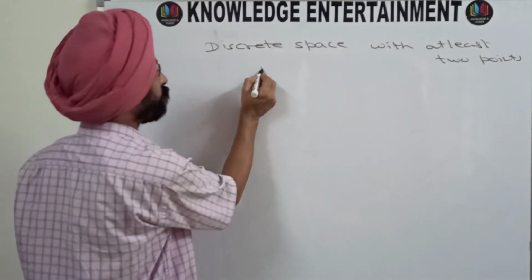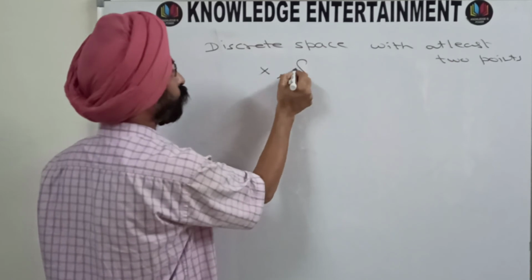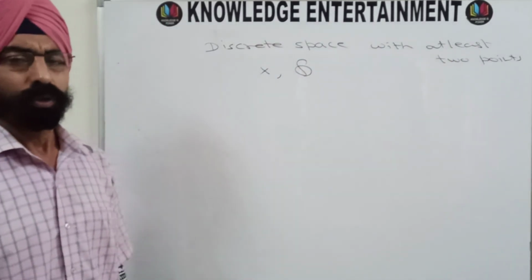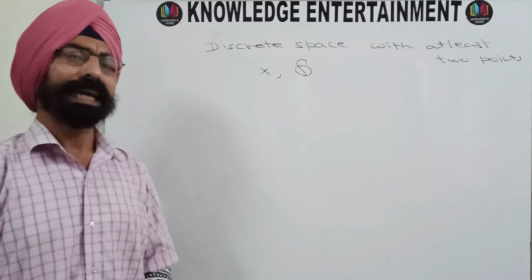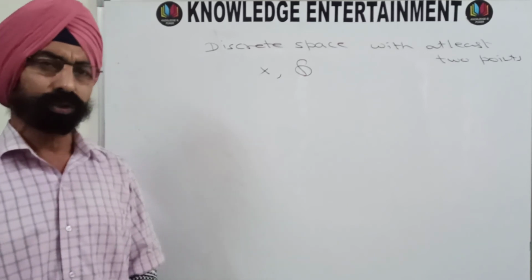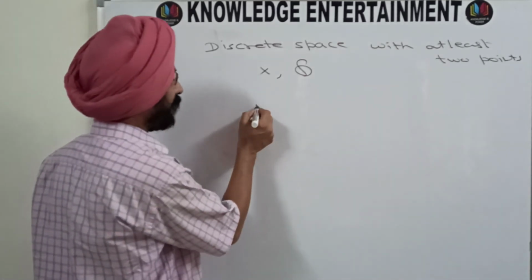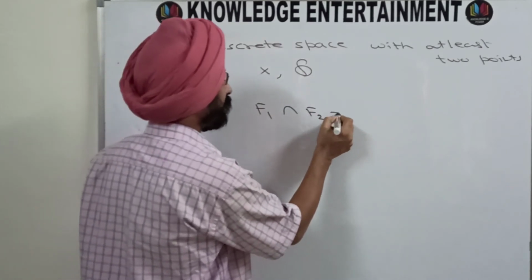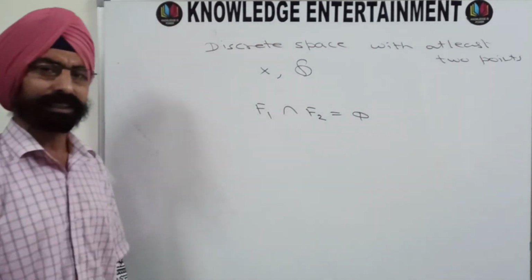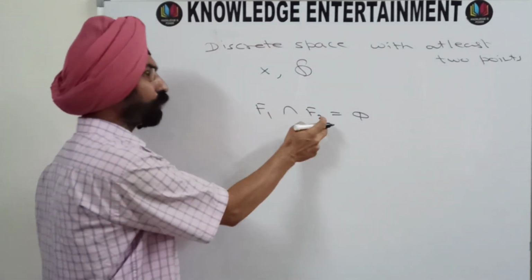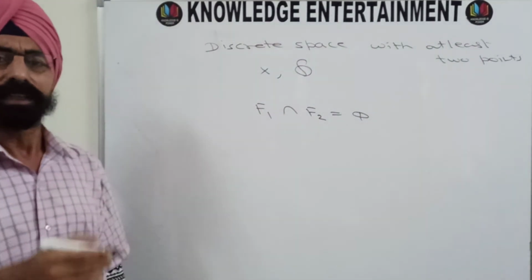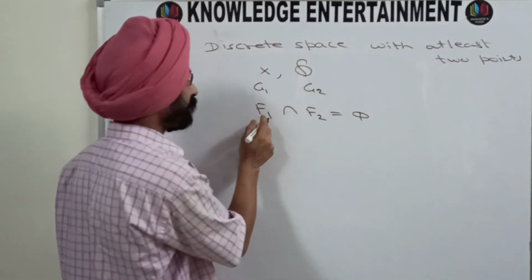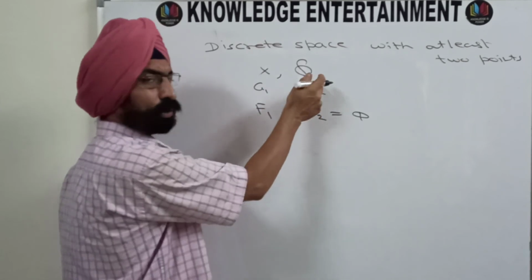So let X be your space and denote by D the discrete topology defined on X. Now we know that in the discrete topology every set is open as well as closed. So if you take F1 and F2 as your disjoint closed sets, take the same sets G1 and G2, that means F1 is equal to G1 and F2 is equal to G2.